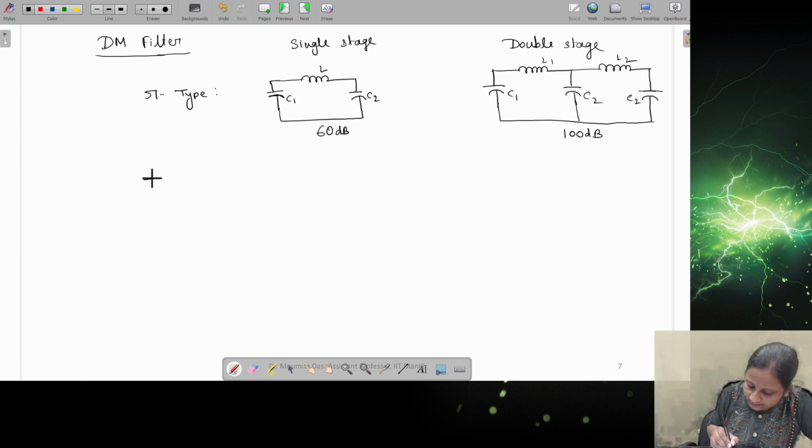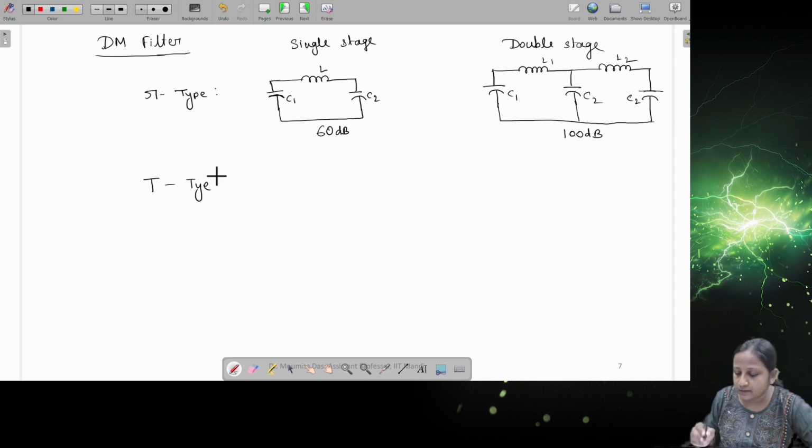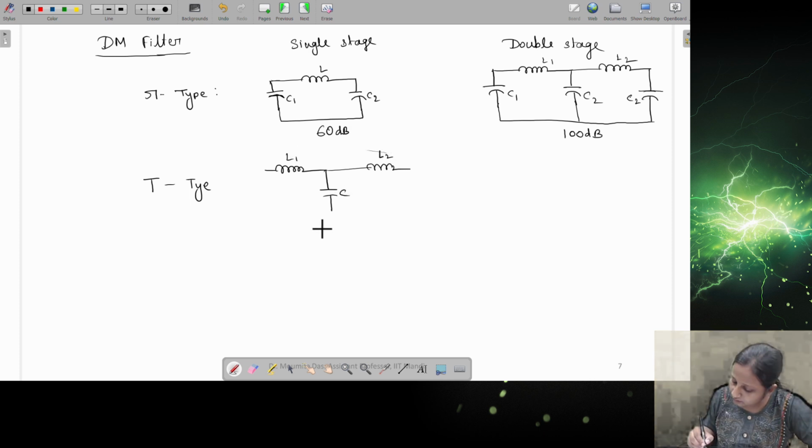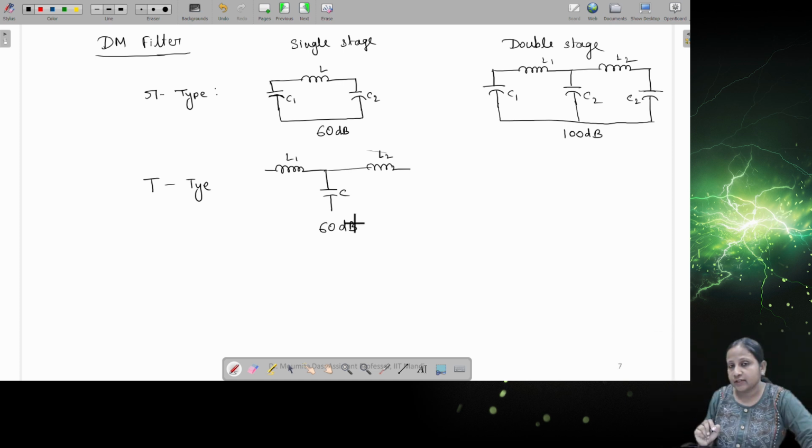Similarly, there are filters like the T type. T type means there will be two inductors and one capacitor: L1, L2 and C. It also provides attenuation of 60 dB for single stage.